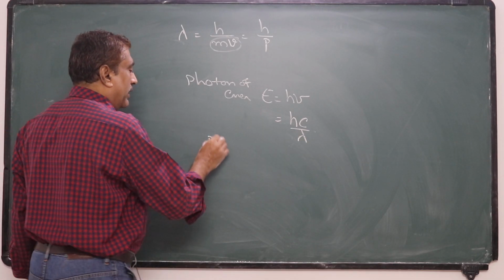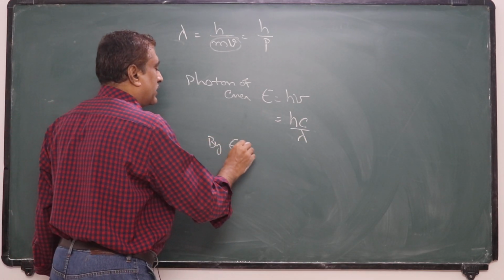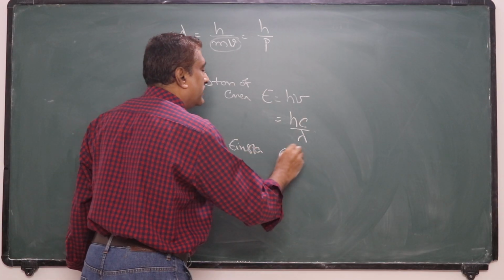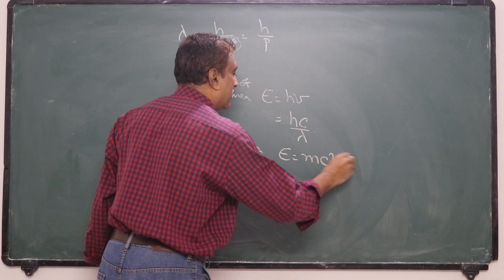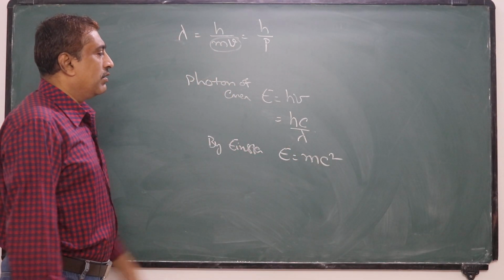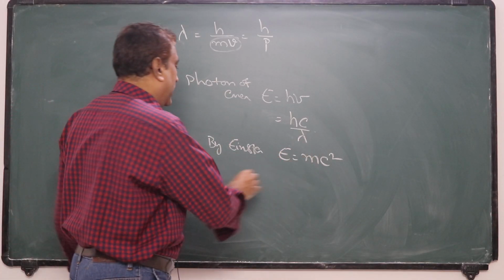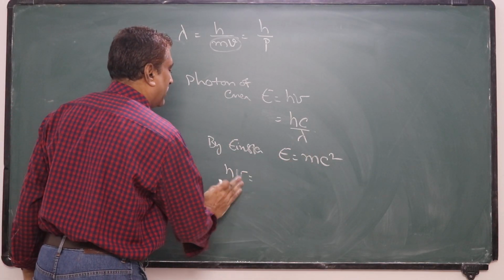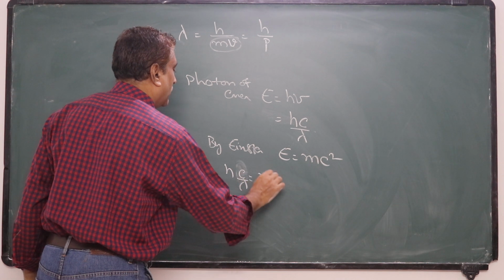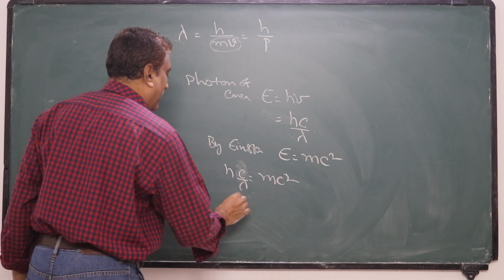By Einstein's relativistic correction, E is equal to mc square. Now comparing these two, h nu, that is hc by lambda, is equal to mc square.